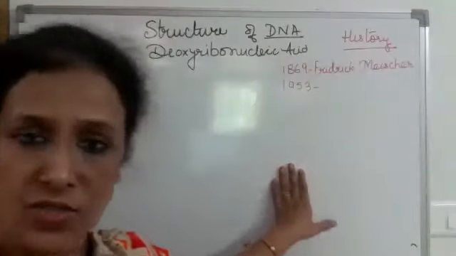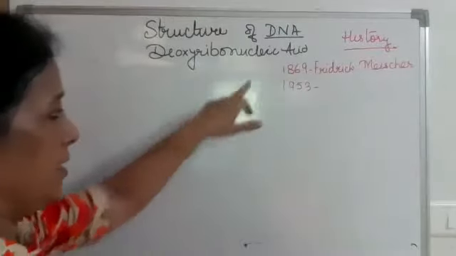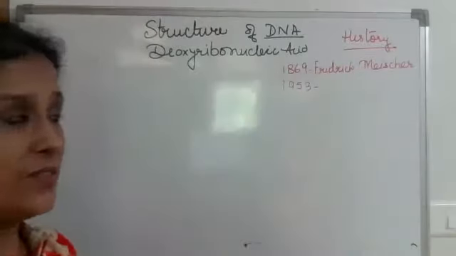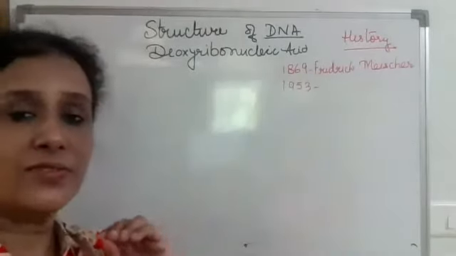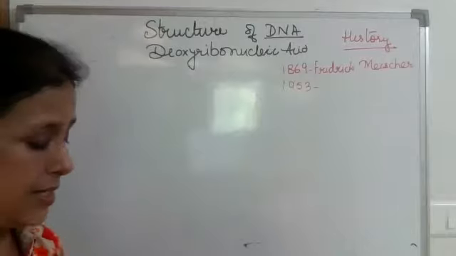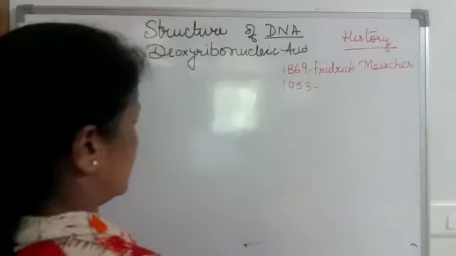As far as the history of DNA is concerned, in 1869, Frederick Miescher for the first time extracted it and gave it the name nuclein.